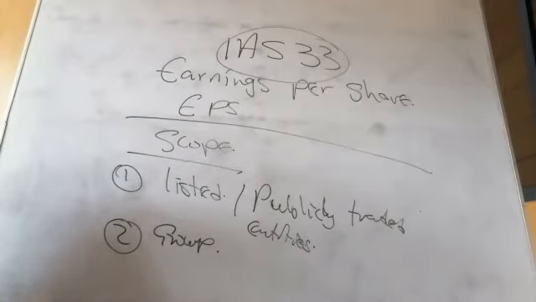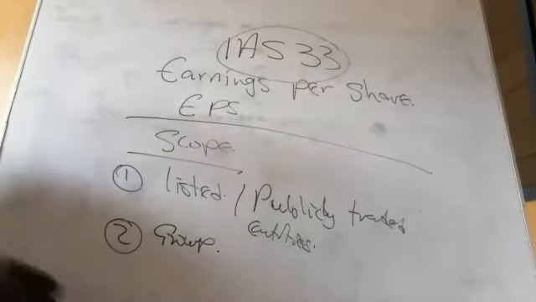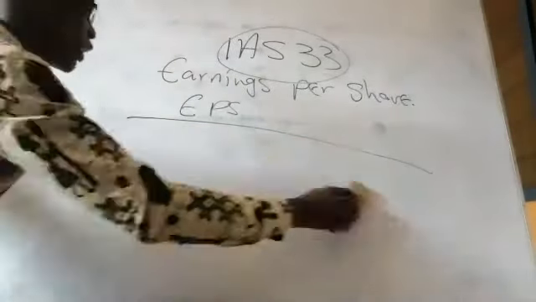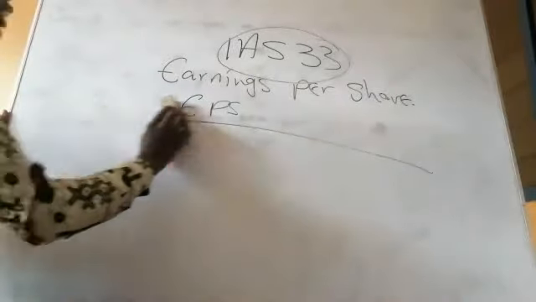Let's start with the actual action. Earnings per share. What do you think will be the formula for earnings per share? Basically, anything per share is that item over the number of shares, right?